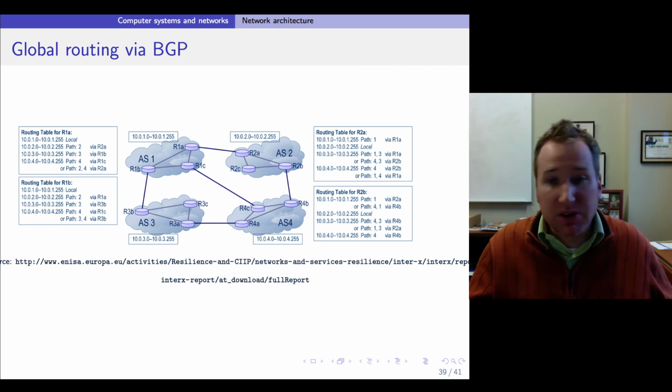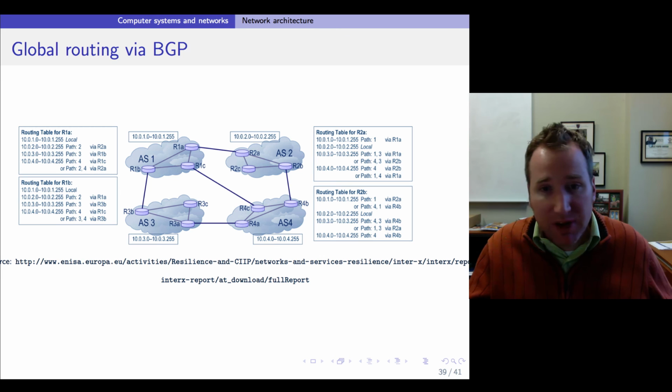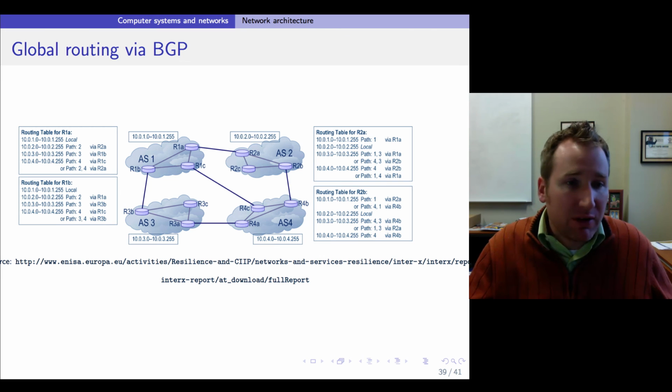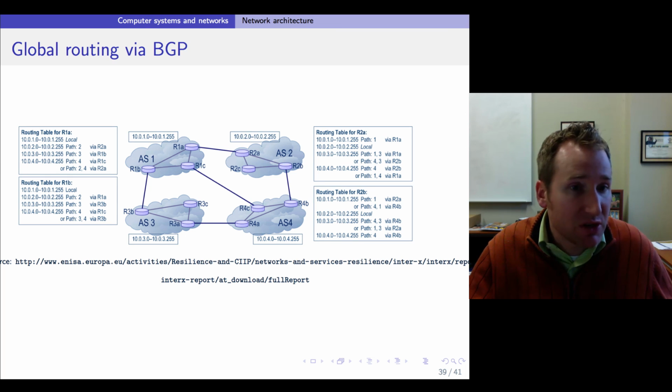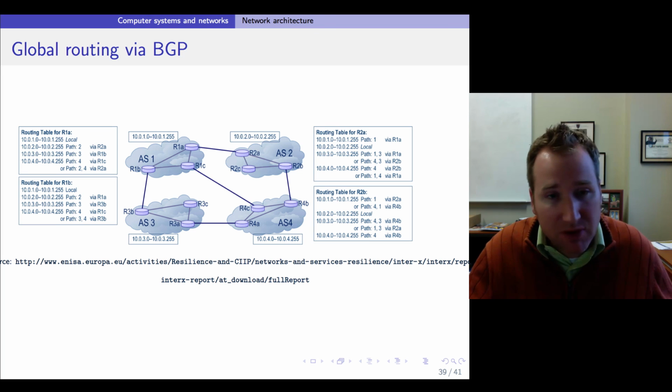You have these different autonomous systems which have numbers. Here we have AS1 through 4, and there are routing tables that each border router at each autonomous system keeps, which tell you how to reach a range of other IP addresses and the cost of the path to get there.